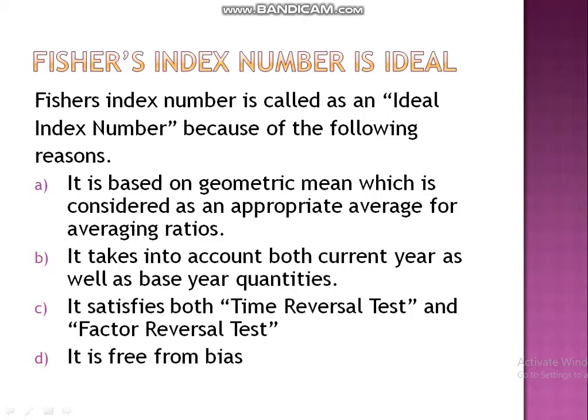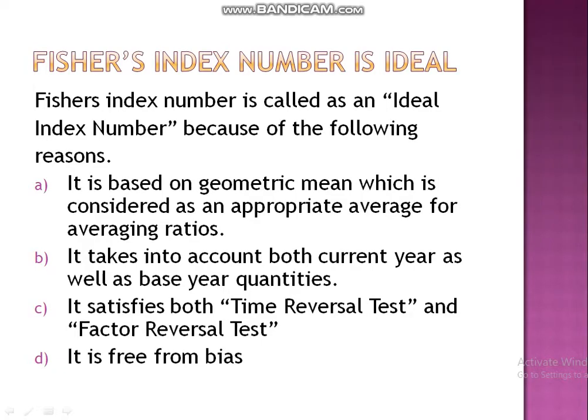Then the speciality of Fisher's index number is that it is an ideal index number, that is, out of all the index numbers that you have studied, this is the ideal one. There are many reasons for it. Firstly, it is based on the geometric mean.